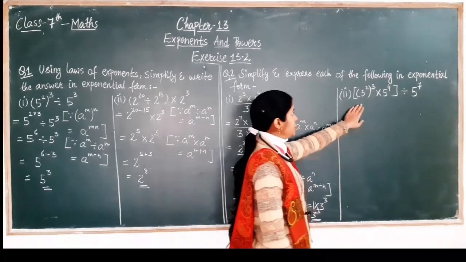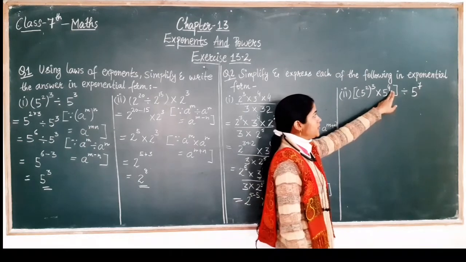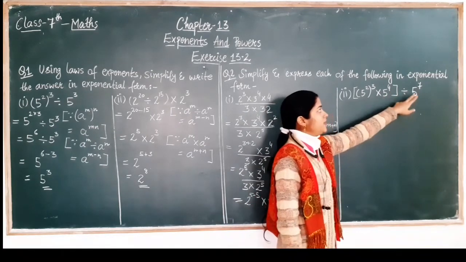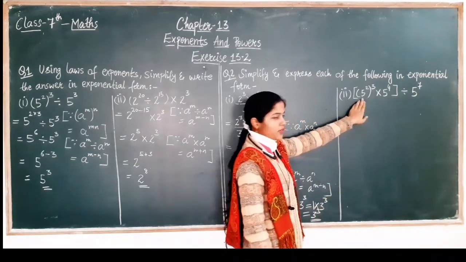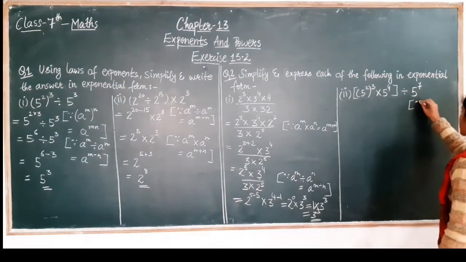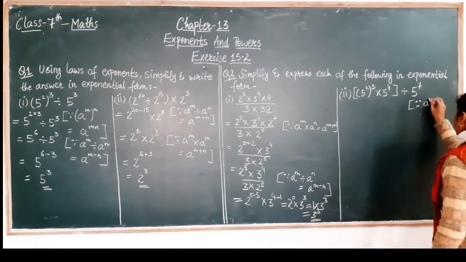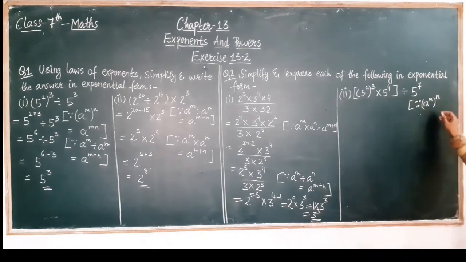That is 5 raised to the power 2 whole to the power 3 multiplied by 5 raised to the power 4, bracket close, big bracket close, divided by 5 raised to the power 7. So first we have to solve this power of power question. For that we are going to use the formula a raised to the power m whole to the power n is equal to a raised to the power m into n.